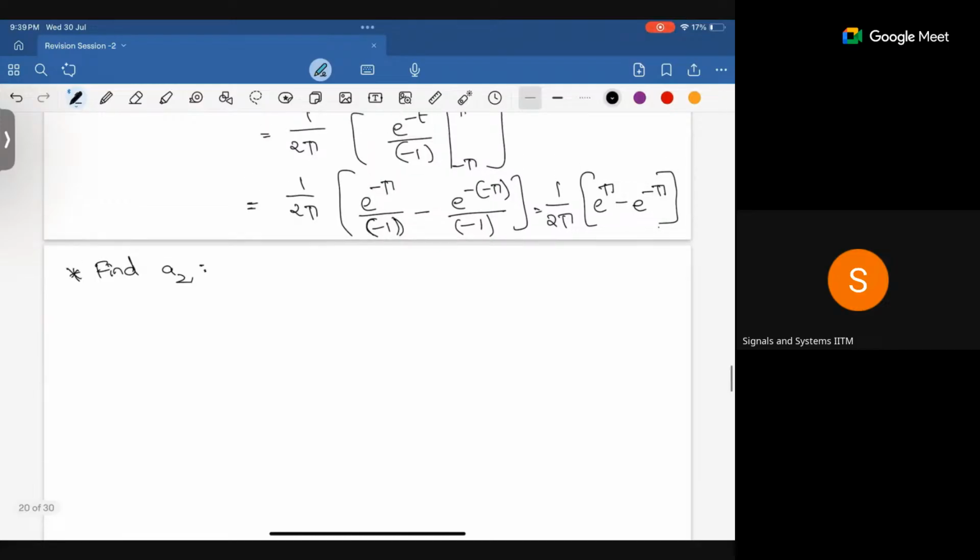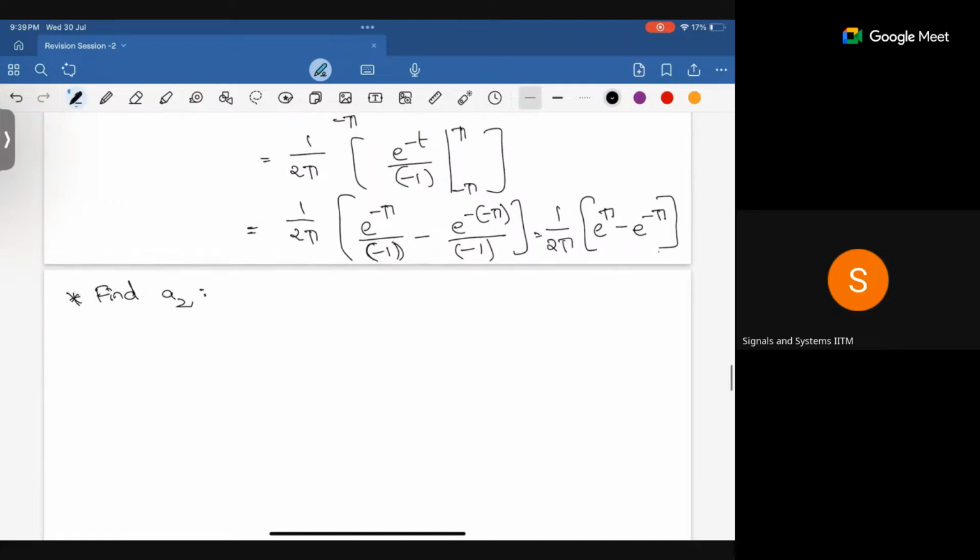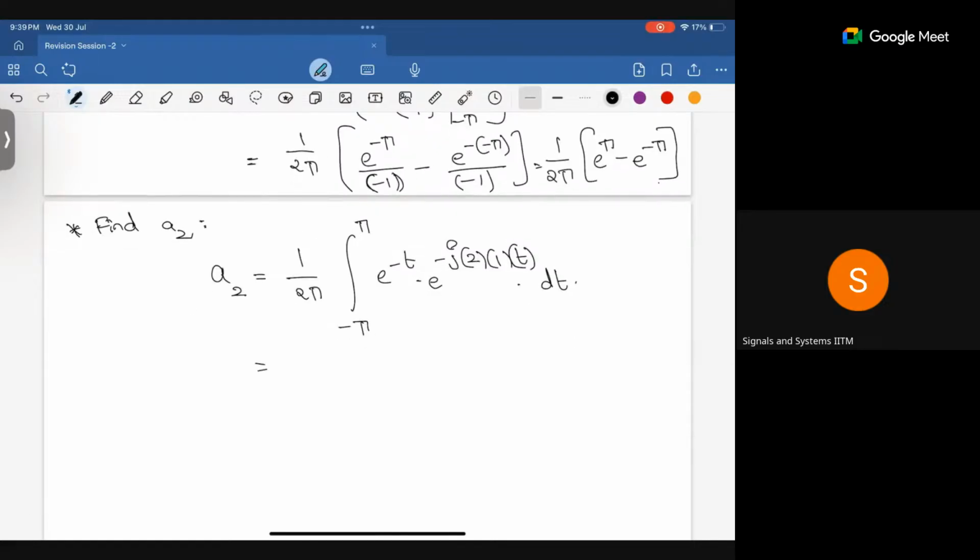Okay, so if they ask you to compute A2, what will you do? For Ak we know the expression. A2 will be 1 by 2 pi integral minus pi to pi, x of t is e power minus t, into e power minus j, k is 2, omega naught is 1, t dt. That's it, no?